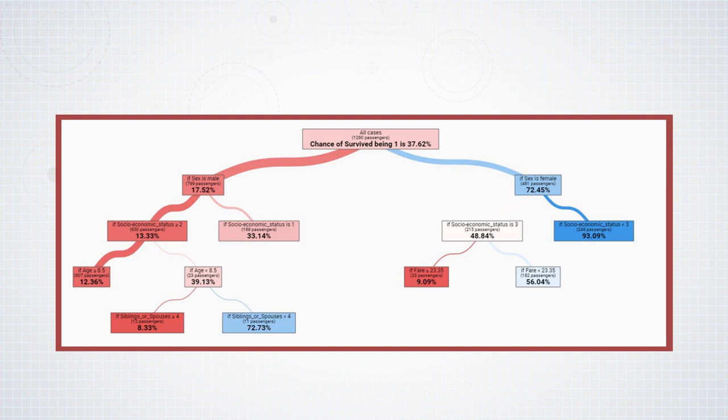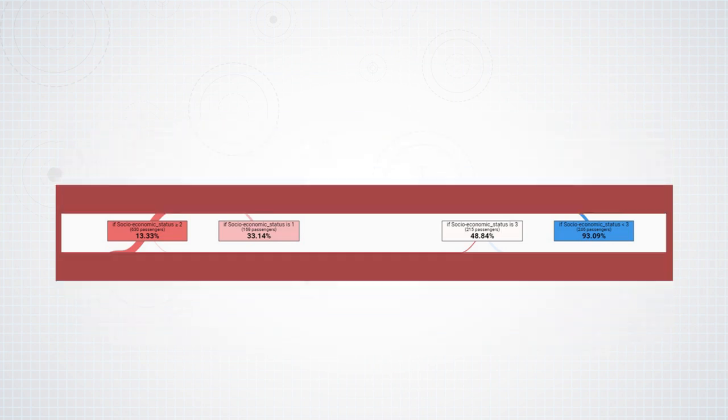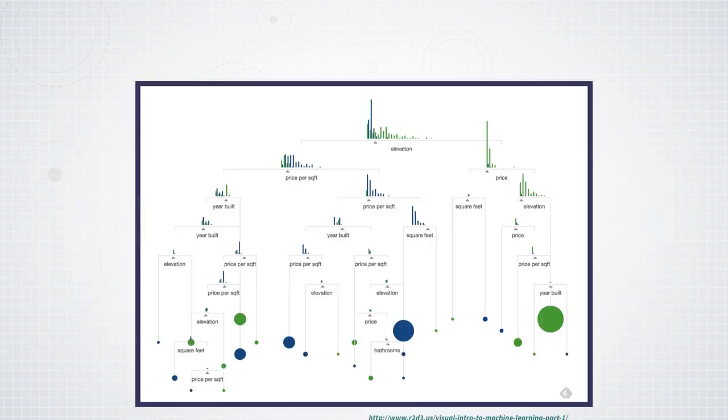So the bluer the node and the branch, the more survivors you have there, and the redder, the fewer survivors you have there. So that's another very expressive kind of visualization, and as well as the dendrogram, tightly coupled to a very specific kind of algorithm that you can use to build a structure out of a given data set.